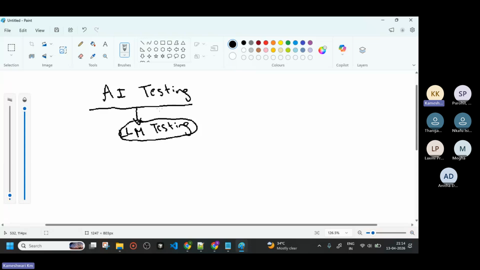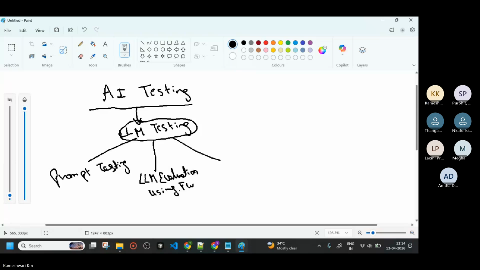In LLM testing, we have three layers. The first one is prompt testing, which we have already learned. The second one is LLM evaluation using a framework, DeepEval.